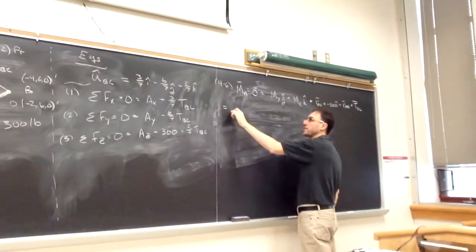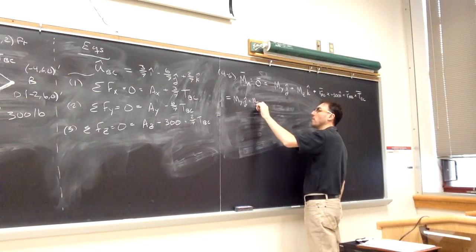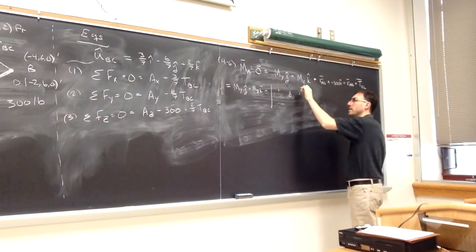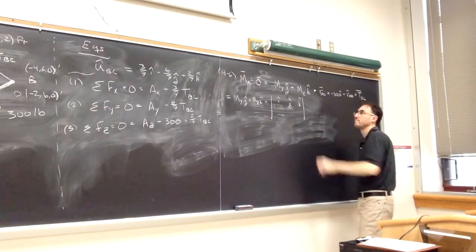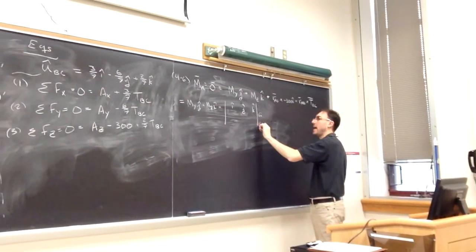I can rewrite this just like I did in chapter 4. I can expand this out. The cross product I can write as a determinant. This will be in feet, and this is in pounds.